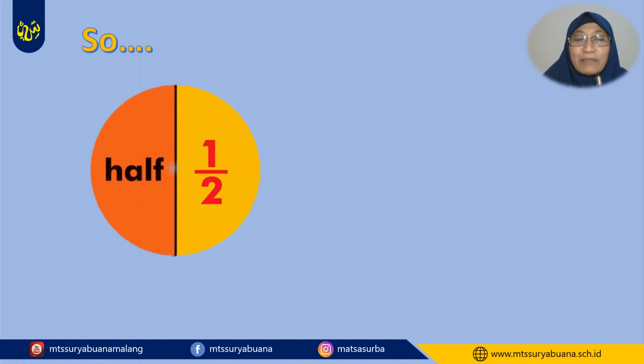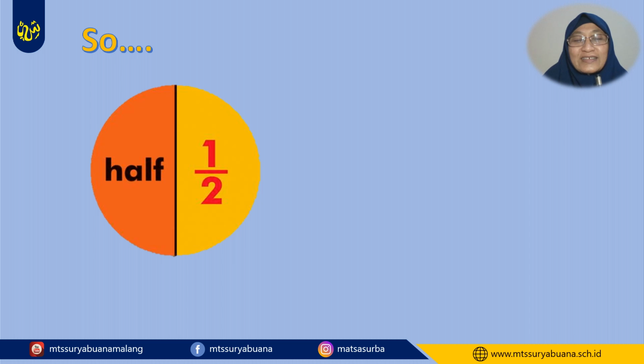So, remember that when the big hand is on number 6, it means that the big hand already moves halfway around the clock face. And from number 6 to number 12, it also means that the big hand will move halfway.